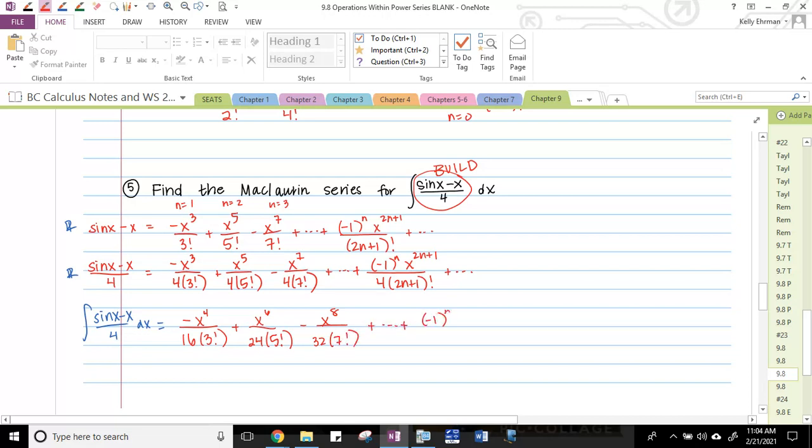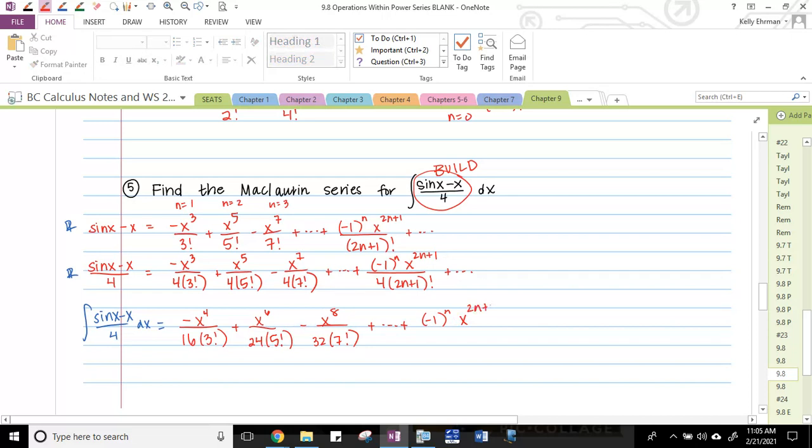What's happening in general? Still are alternating. Are we still alternating with our n's though? Let's see. If n is 1, yeah, this first term is still negative. Yes. Okay. So we can say negative 1 to the n. And then what are we doing with our x's? Well, we were raising x to the 2n plus 1 power plus 1.